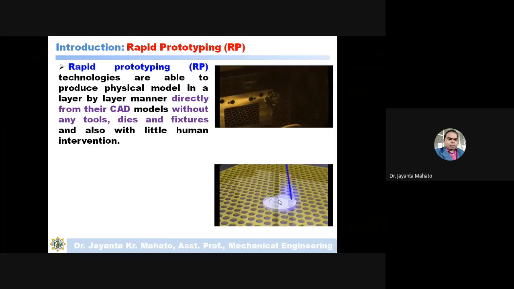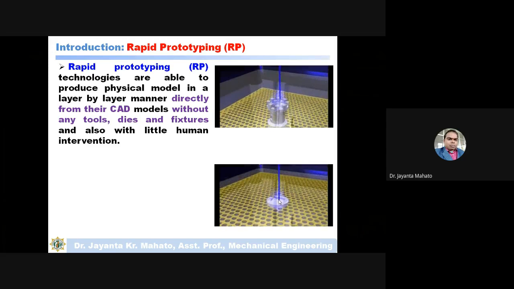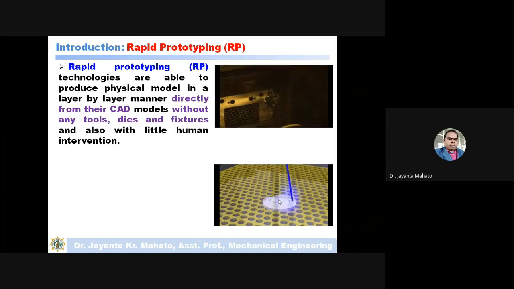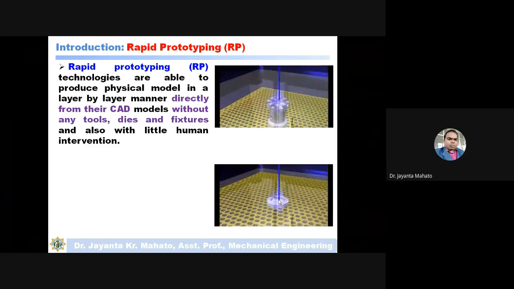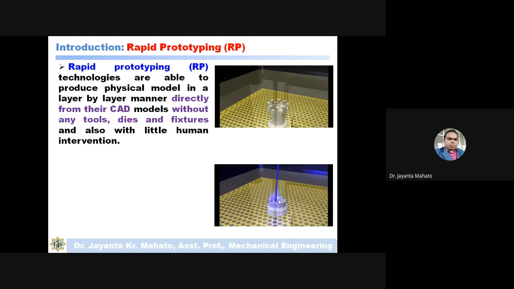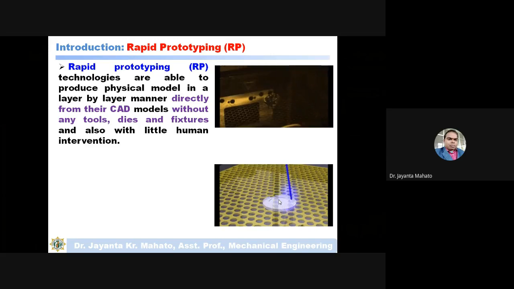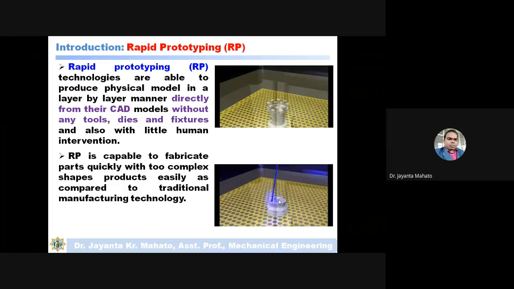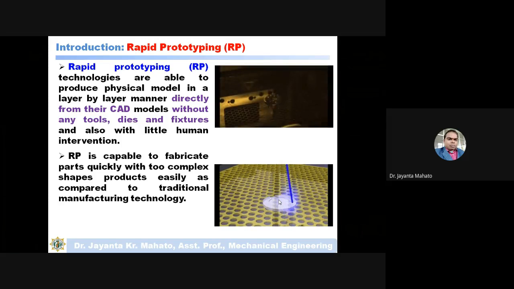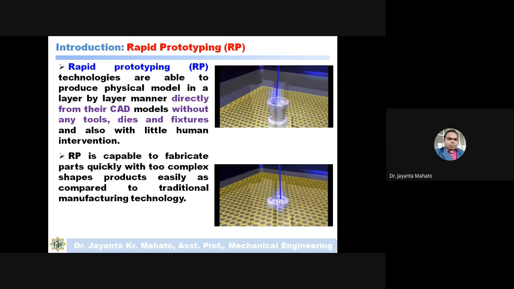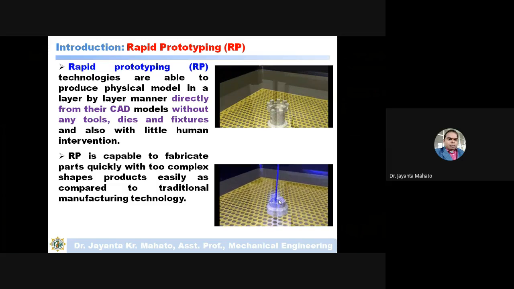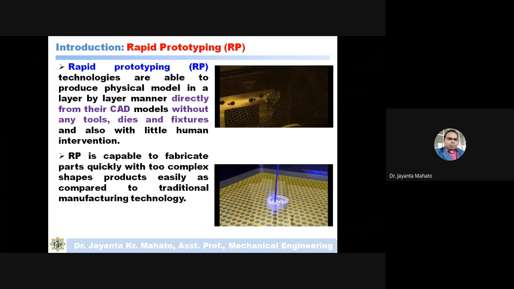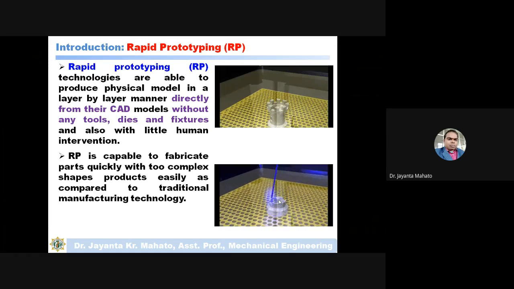According to the CAD model, the desired product can be manufactured with this rapid prototyping manufacturing process. Okay, so rapid prototyping or RP is capable of fabricating parts quickly with complex shapes. Means a product having a very complex shape and geometry can be produced by this manufacturing process.